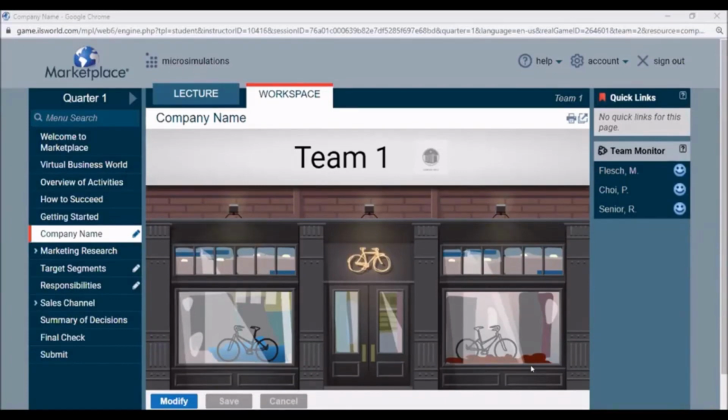And second, I would like to propose Future Tech Bike, which tells them that they are selecting a product which is very much tech oriented and based on future technology.